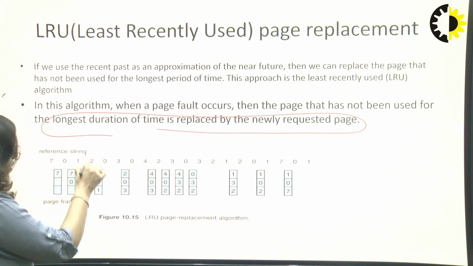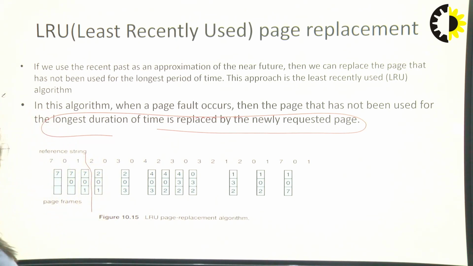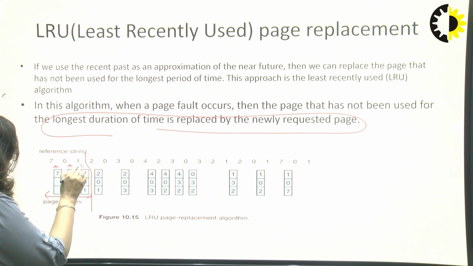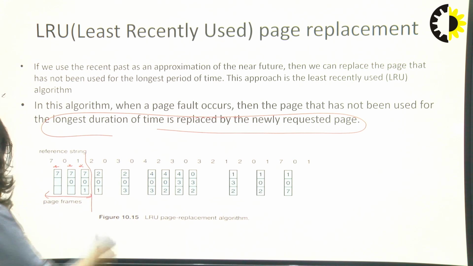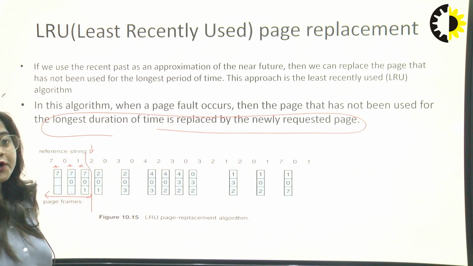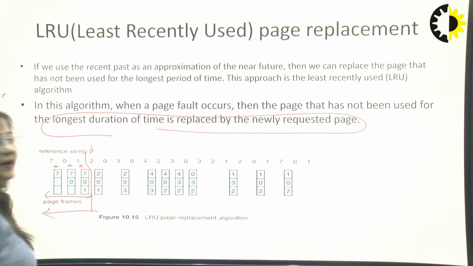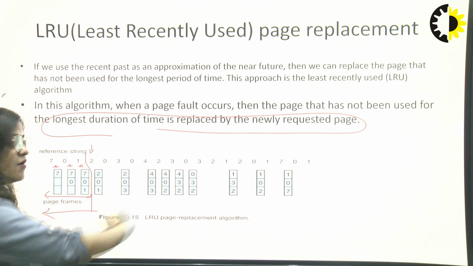The first three here are all the same: these three frames are filled, and these are all page faults. Now comes the turn of 2. We check which of the numbers 7, 0, 1 is replaced by 2. LRU checks the back side, but optimal checks the forward side.